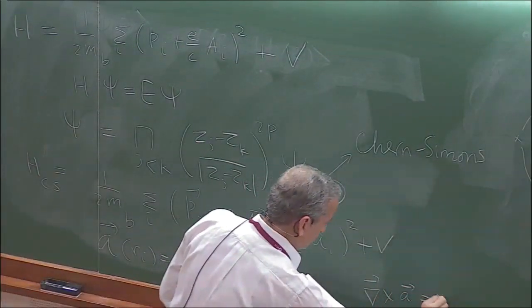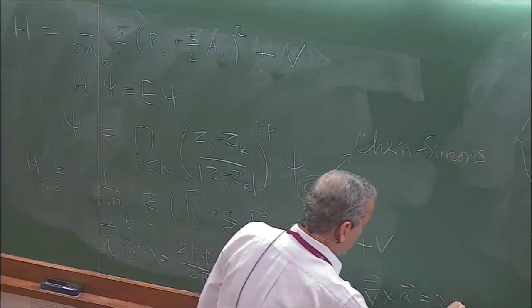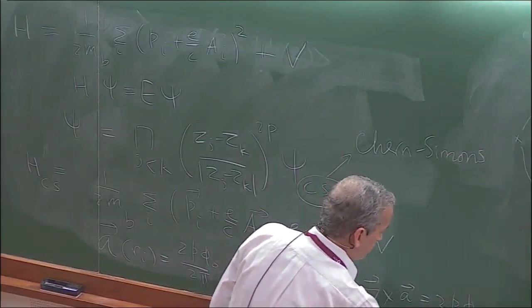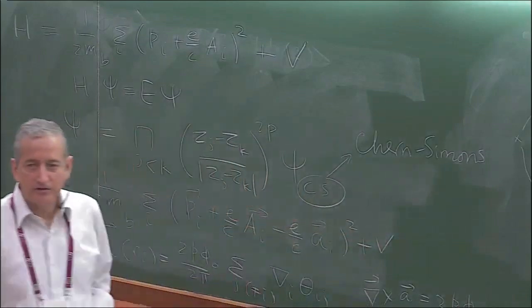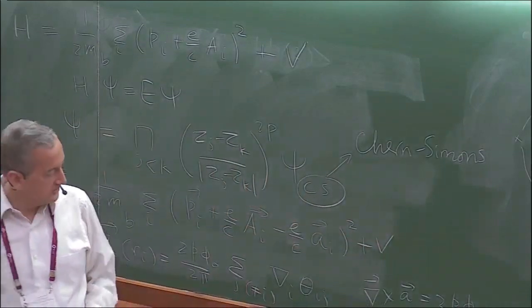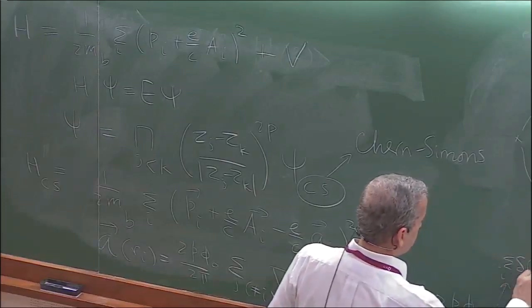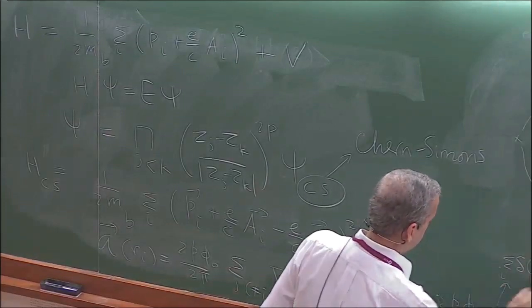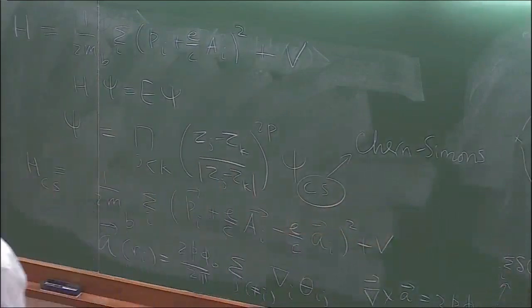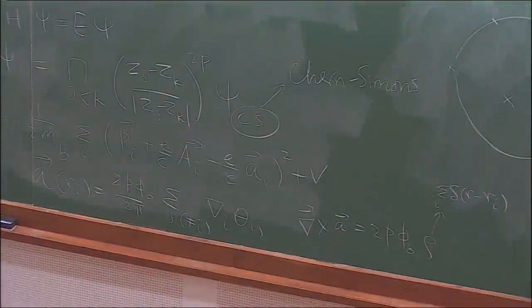So density means the density operator at the position, sum over i. So far this is exact. There may be some subtleties associated with the singularity of the gauge transformation, but anyway, it's basically exact.